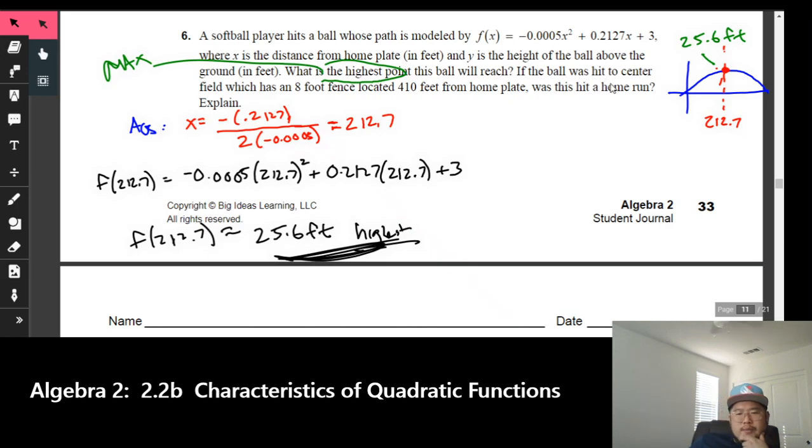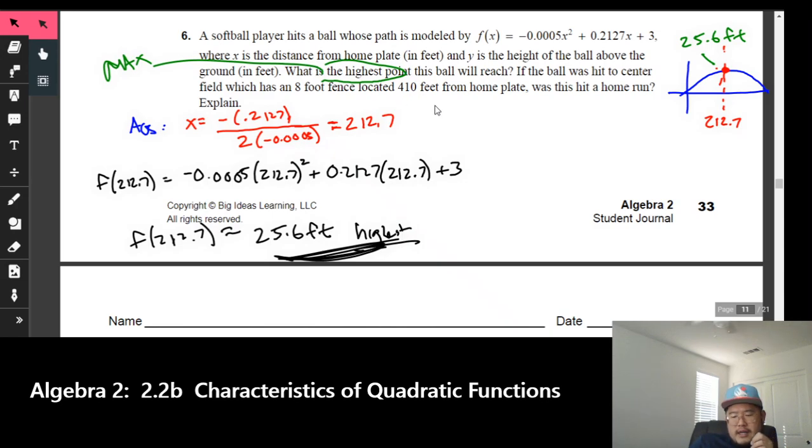Now it says if the ball was hit to center field, which has an 8-foot fence at 410 feet from the plate, was this a home run? Think about how I'm going to figure that out. Remember we figured out what f is, or our value of y, at 212.7.